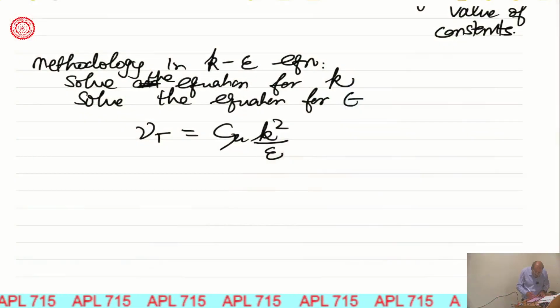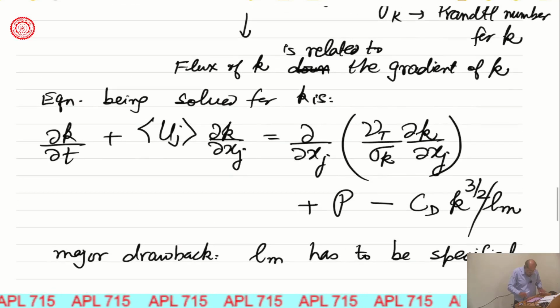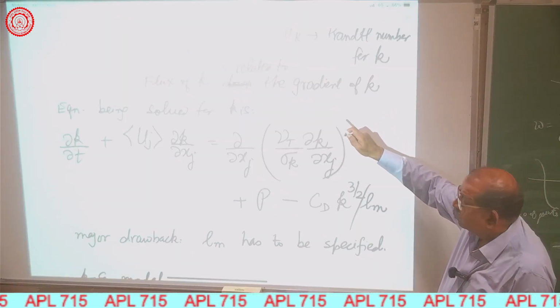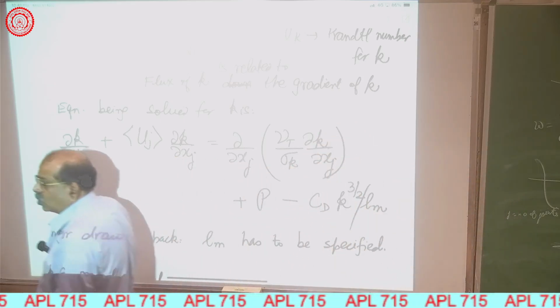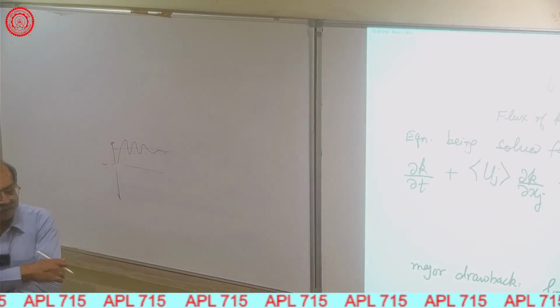You may sometimes get blown up solutions, etc. But before that, if I am solving the k equation like this for the k model, the one equation model, what changes do I make here in the k epsilon model? Or do I use the same equation?